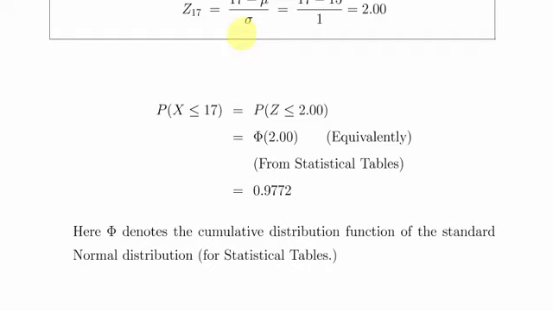So I have this symbol here, phi, and that's essentially the same as this. What we do is use statistical tables to look up that number. I'm not going to do that now, but if you do, you should get an answer of 0.9772. Okay, so we're going to move on to the next part.